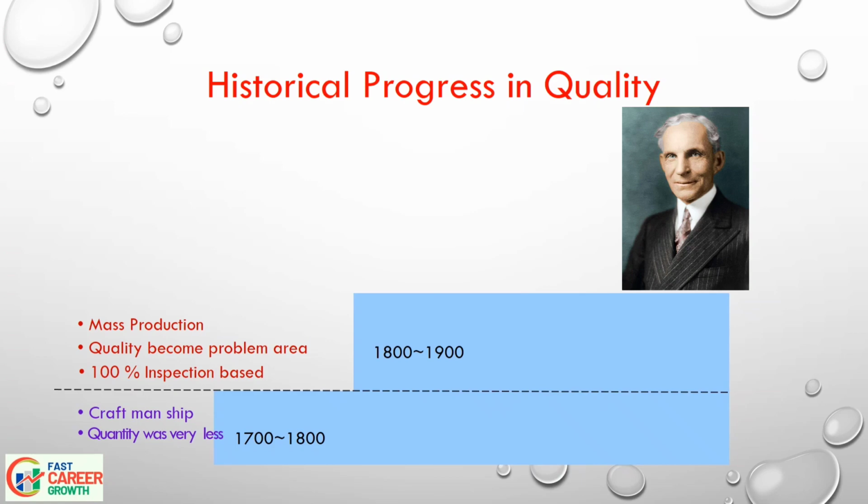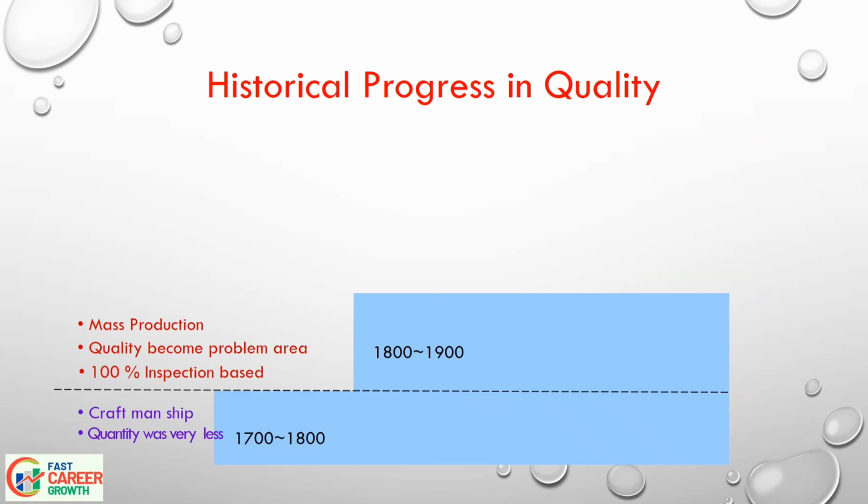As assembly line manufacturing spread, quality became a problem. Production managers were rewarded for meeting production quotas, and quality suffered. To make mass-produced products more consistent, inspectors were hired to check product quality. However, 100% inspection proved to be costly, and people started to look for alternatives.